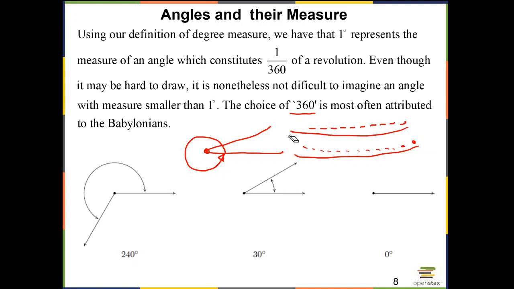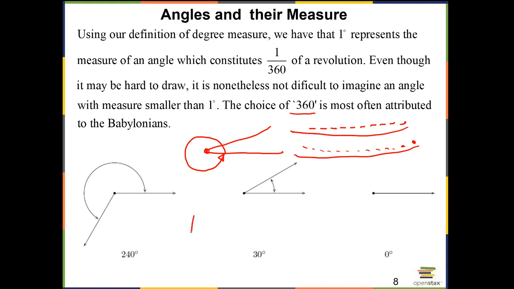All right. So that's the idea from Babylonians, that they divided this one rotation into 360. So 1 out of 360 is called 1 degree. It's kind of a small 1 degree, but you can imagine an angle that has a measure even smaller than 1 degree, right?